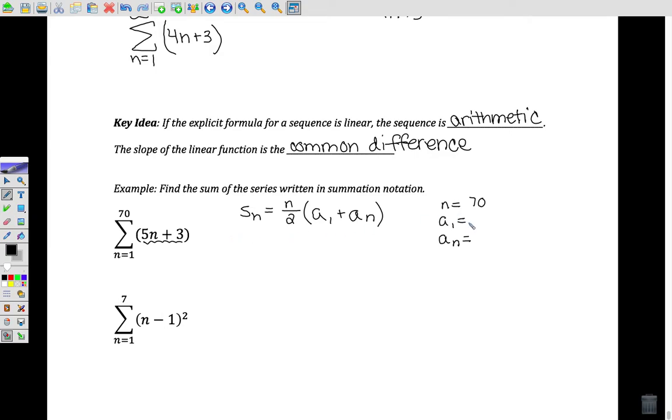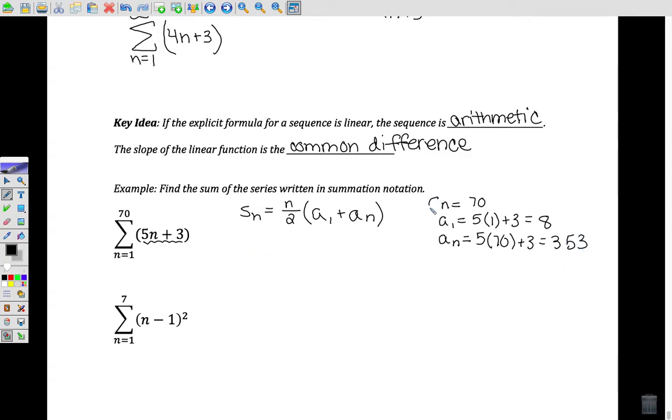The first term would be if I plug in 1 to this explicit formula. So 5 times 1 plus 3 is 8. So that means this sequence starts at 8, then it goes to, I plug in 70. So 5 times 70 plus 3 gives me 353.